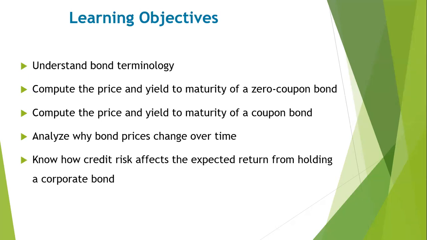The learning objectives are understand bond terminology, compute the price and yield to maturity of a zero coupon bond, compute the price and yield to maturity of a coupon bond, analyze why bond prices change over time, know how credit risk affects the expected returns from holding a corporate bond.